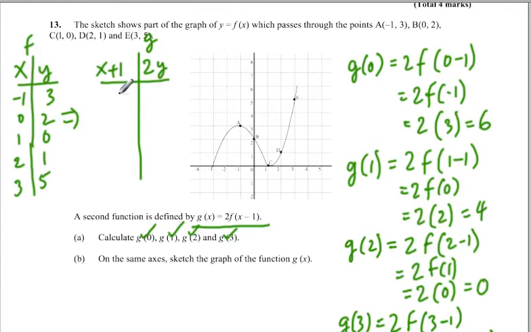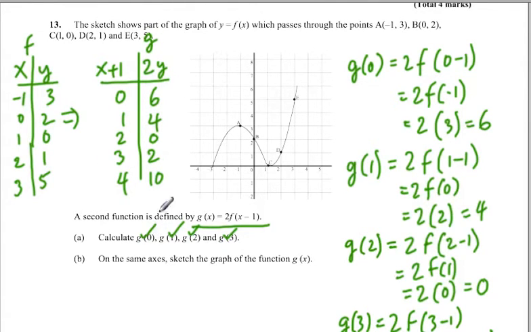So if we transform these, this will become 0, 6, 1, 4, 2, 0, 3, 2, and 4, 10. Okay, so this is our g function.